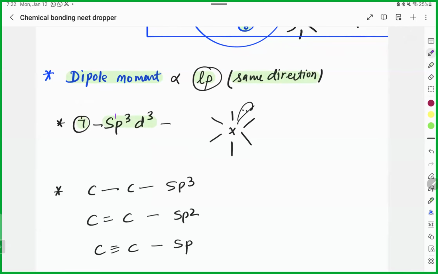So 6 are bonds, and in one of the questions there was a lone pair. So you will call it distorted octahedral. Your octahedral shape is distorted by the lone pair. Make sense, guys?